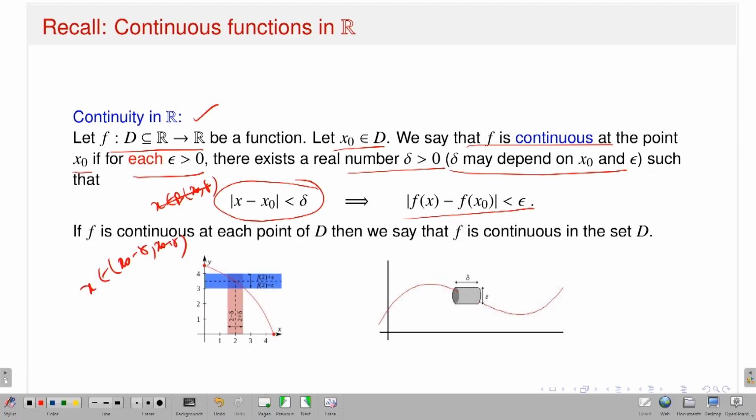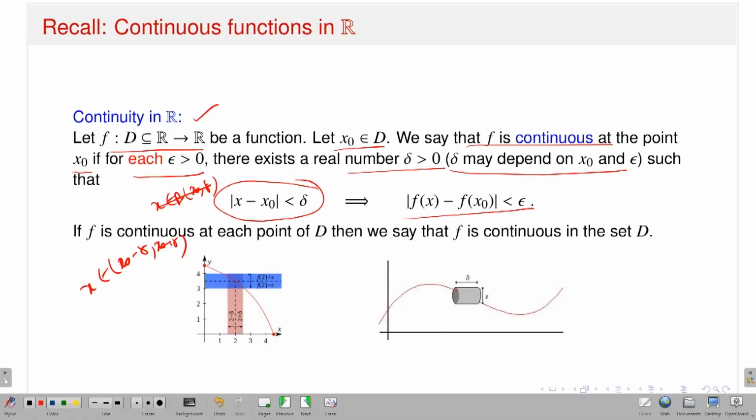So, given epsilon, if there exists a delta such that x lies between x naught minus delta and x naught plus delta, then the difference between the value of f at x and f of x naught is less than epsilon. That is the definition of continuity for real valued functions with a real variable at the point x naught.